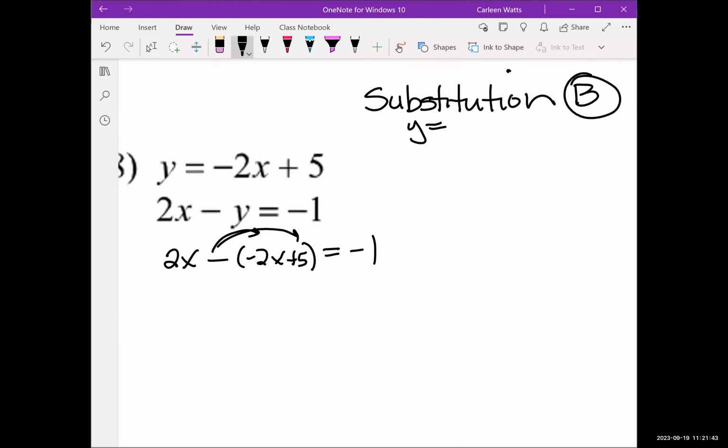Okay, so we substitute and we solve. So I'm going to distribute. See how that's plus 2x?